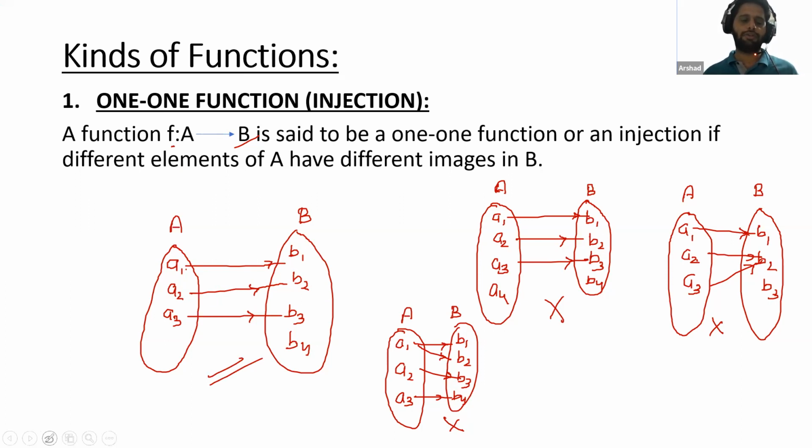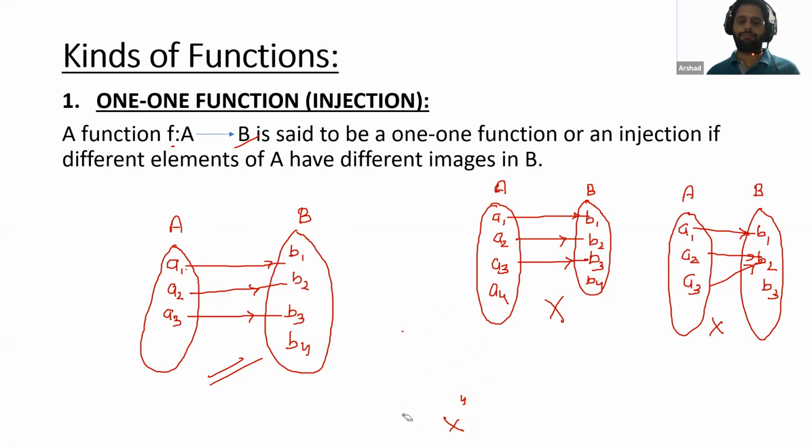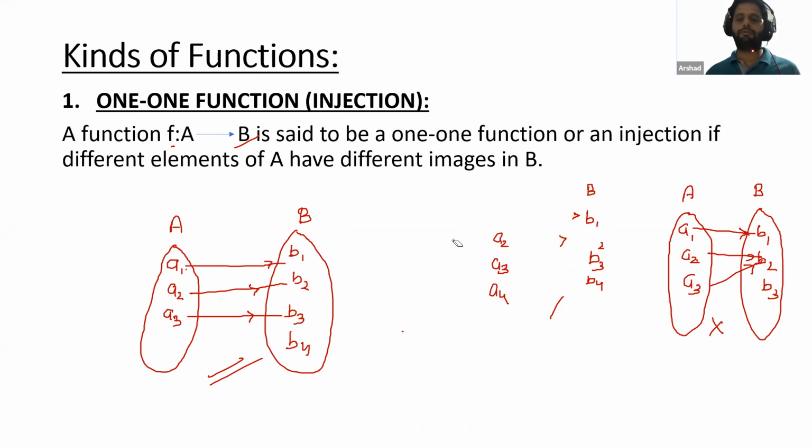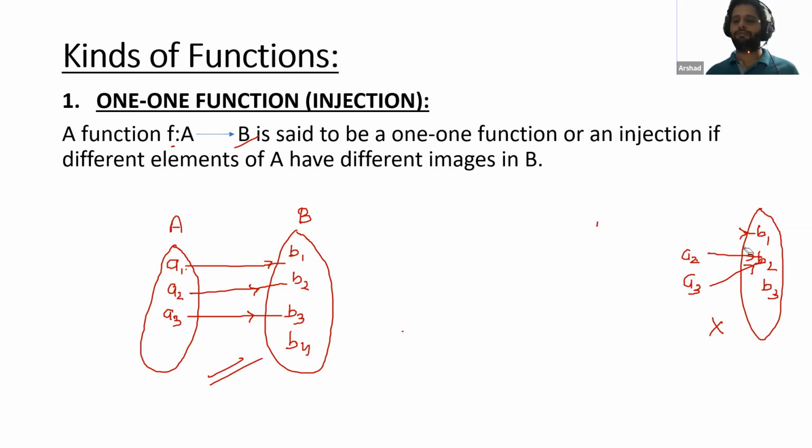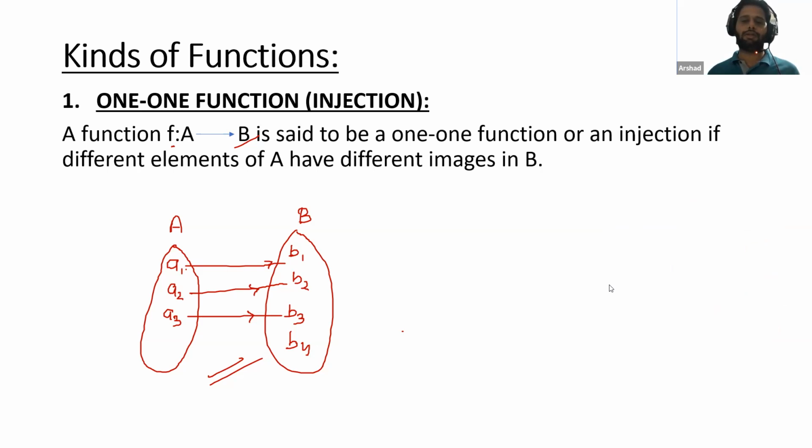Please note down this definition and this example and confirm. Then we will start the second topic, that is the many-one function. But always remember, we are doing kinds of functions, so for any kind, the given relation should be a function first. So please check the definition of a function first. If that satisfies the definition, then only we can decide which type of function it is.